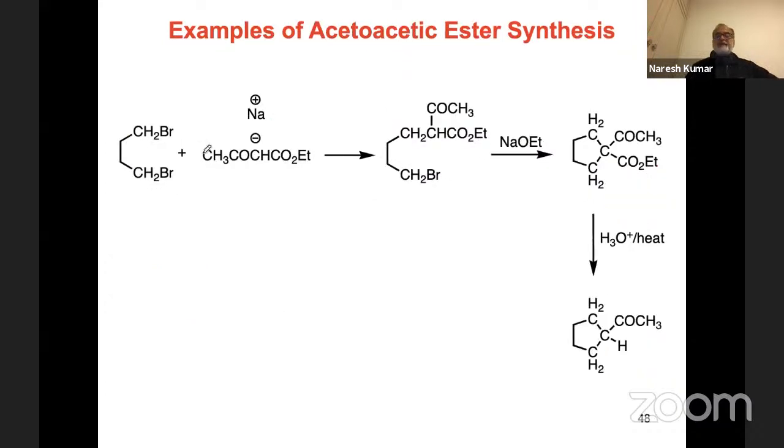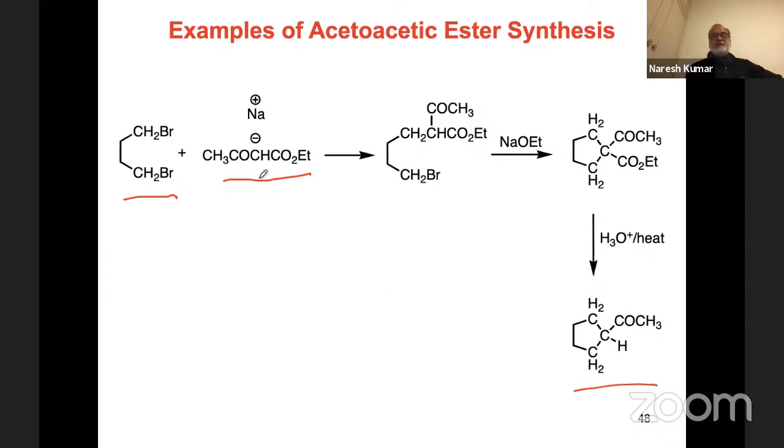And similarly, like we saw before, if you have malonate, you could get cyclic carboxylic acids. If you have a dihalide compound and you do the reaction with the acetoacetic ester, you can get cyclic ketone compounds as well, doing the same chemistry in this case.